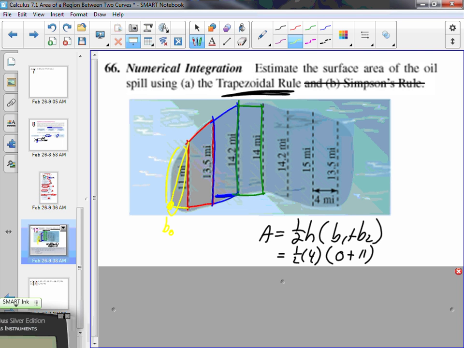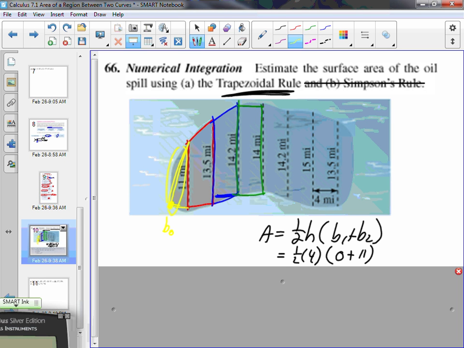But that next base, that 11 miles, isn't it a base of the non-existent yellow trapezoid, which is really a triangle? And isn't it also a base of the red one? So it's in there twice, right? I'm going to call it a trapezoid, even though it's a triangle. You can actually define a trapezoid so that a triangle fits the definition.